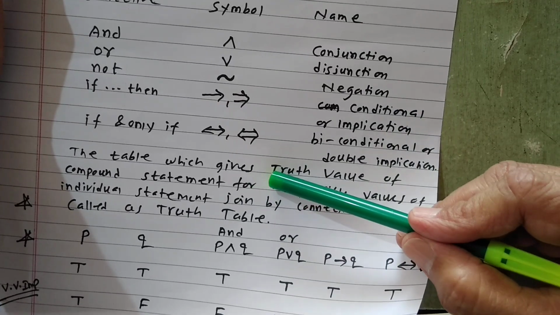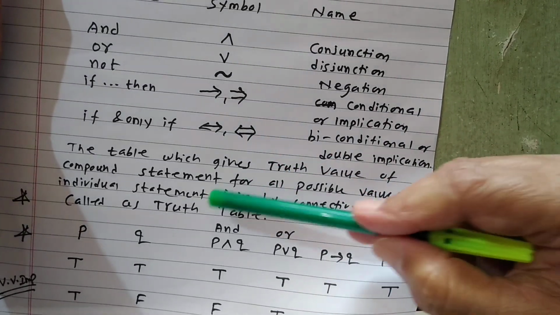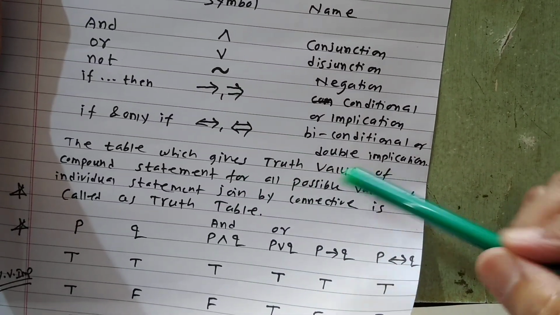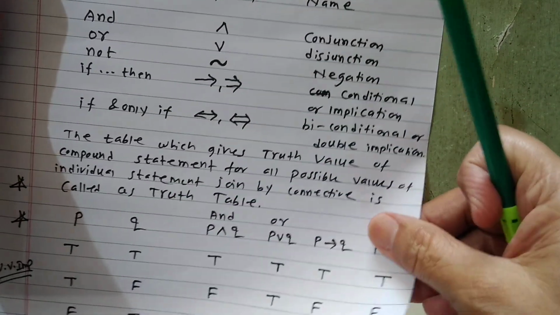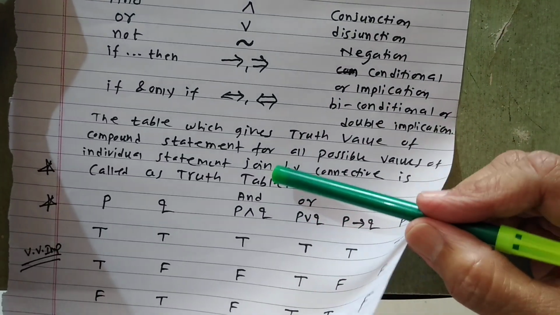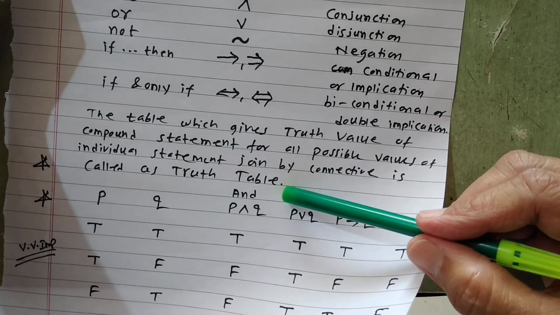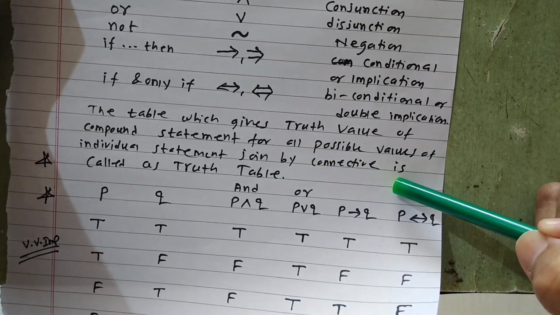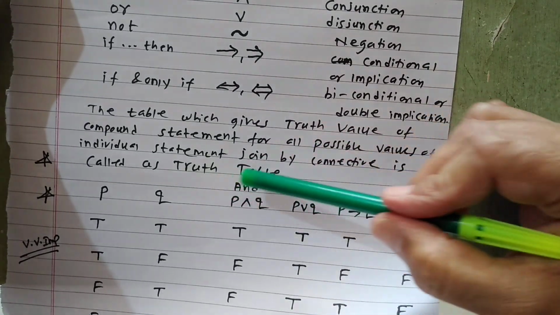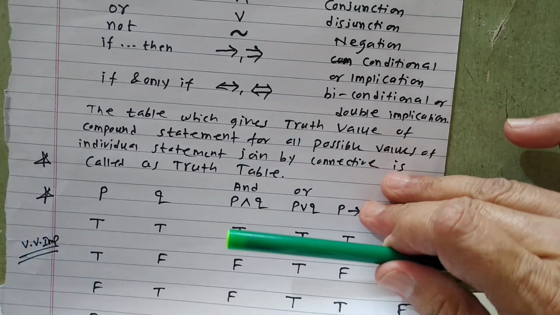The table which gives the truth values of a compound statement for all possible values of the individual atomic statements, connected by connectives, is called a truth table.